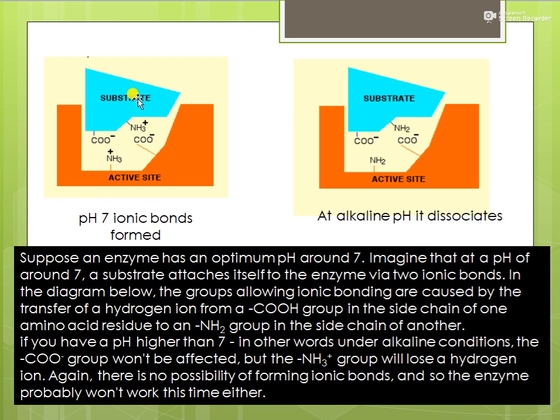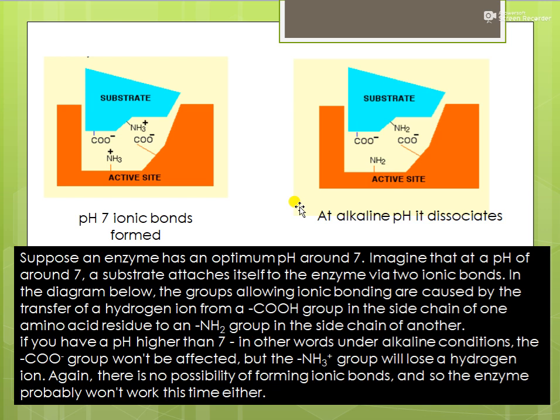The substrate can come and interact with the active site only if the substrate and the active site have opposite charges. Only then will the correct binding of the substrate happen at the active site. And if the pH has been changed or something like that, the charge variation will happen and the proper binding of the substrate to the active site will not happen.